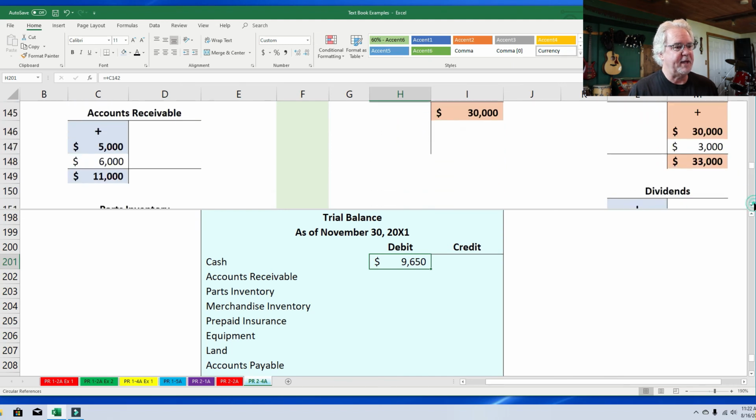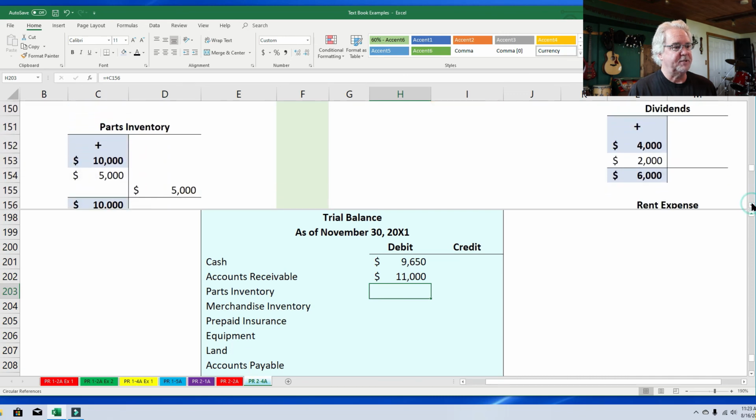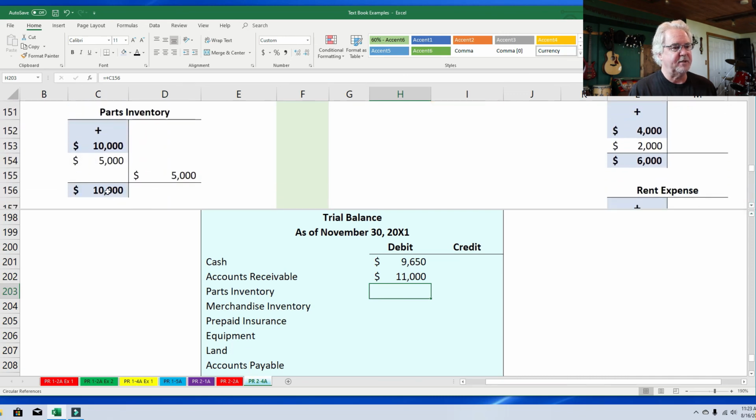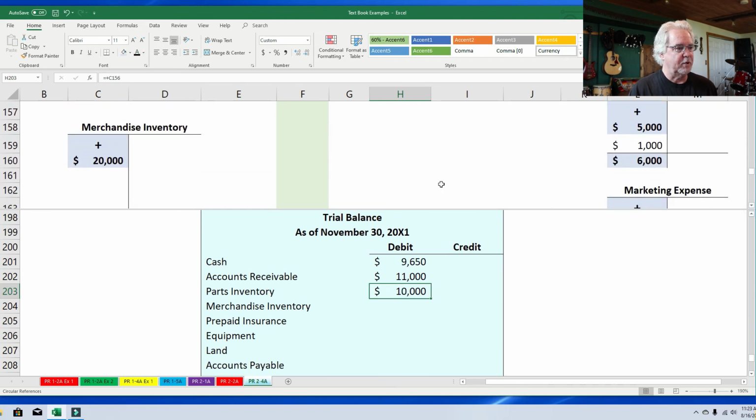Come down here, accounts receivable, 11,000 on the left. The word debit means left. Parts inventory, 10,000 on the left, put it on the left. No thinking required here. Merchandise inventory, 20,000 on the left.